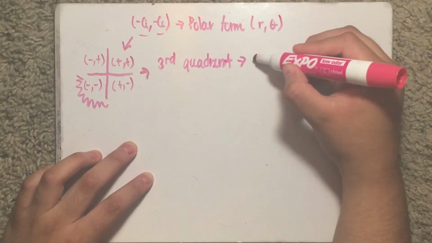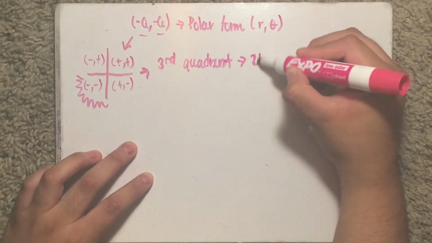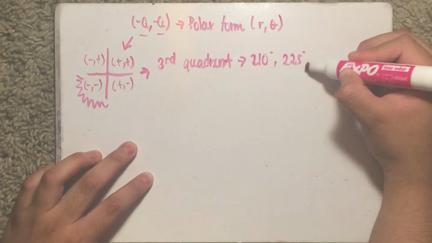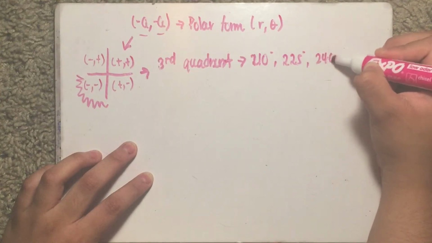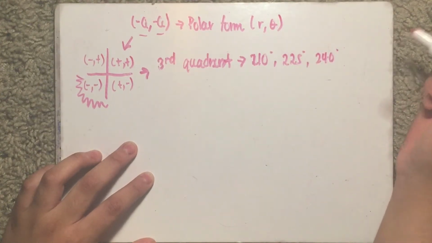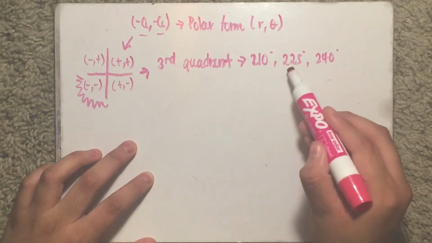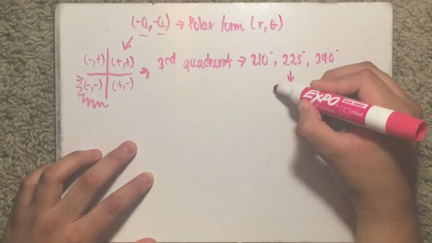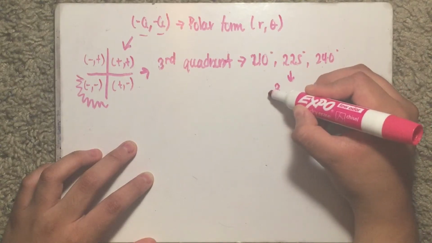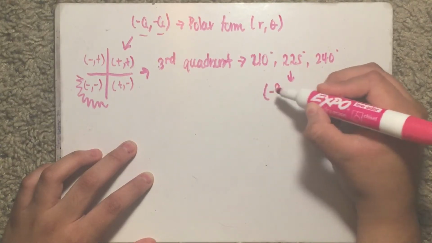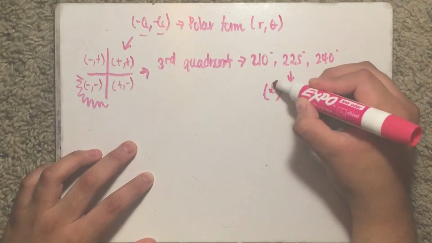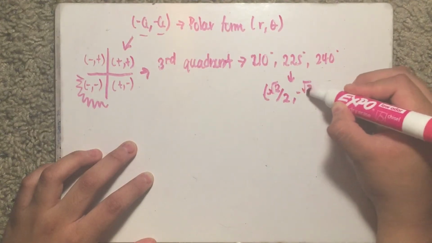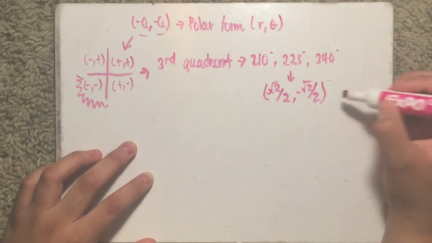So we have 210 degrees, 225, and 240. Now then, let's think in terms of the coordinates in the unit circle. Well, at 225, both x and y are identical, not counting the signs, but rather the numbers.